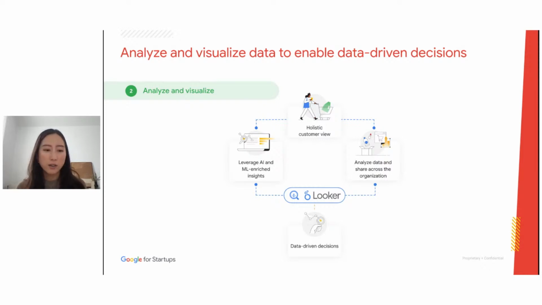And here you can look at all the data that you've brought at scale and be able to query it extremely quickly, regardless of how much data you have and how large it is. And then from there, you can use Looker so that you can enable self-service analytics with a set of marketing and customer analytics blocks that allow you to share insights across the organization with visualizations and dashboards.